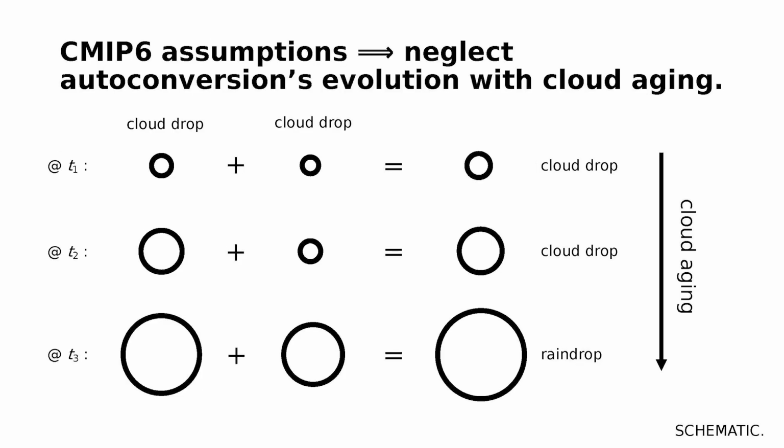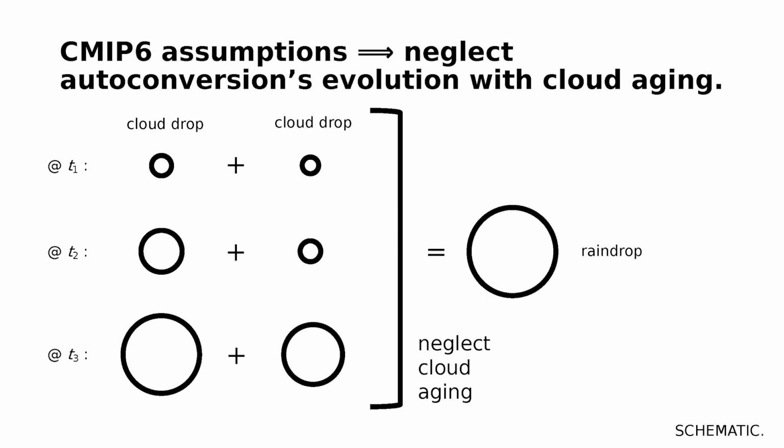And to give a more schematic representation of this cloud aging process: in a physical cloud we can have an extended period of time before cloud drops are interacting with each other and getting big enough to move into a raindrop category, or maybe into a more linear mode of collisional growth. And basically what the CMIP models are saying is that we can neglect this cloud aging process.